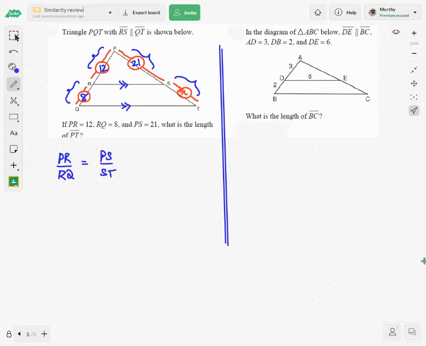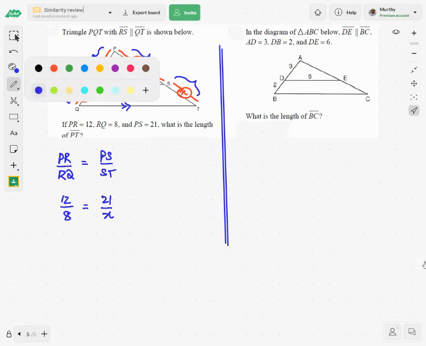PR is given as 12 units. RQ is 8 units. PS is 21 and ST I don't know. So let it be X. So this is really easy to solve.